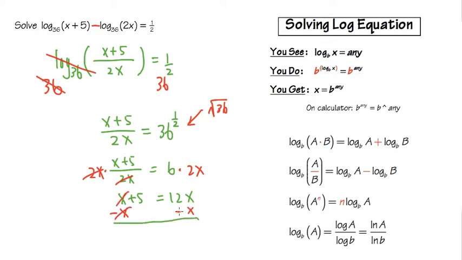And then we're talking about 5 equals 11x, because 12x minus 1x will give us 11x. At the end, we divide both sides by 11, so that we can get the x by itself, right? So finally, x is equal to 5 over 11.